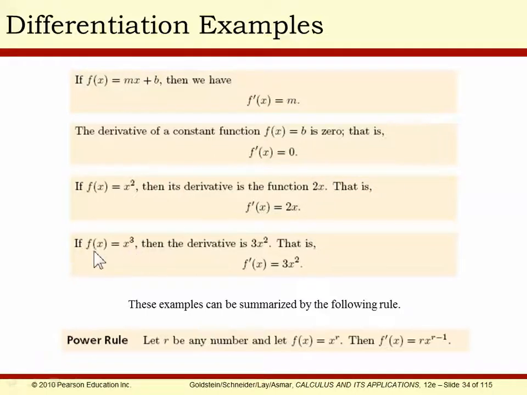If we have the function f of x equals x cubed, again what we're doing is we're bringing the 3 in front, we're subtracting 1 from the exponent. And that formula, the slope of the curve at that point is given by 3x squared. And in general, whenever we have x raised to some number, we have what's called the power rule.